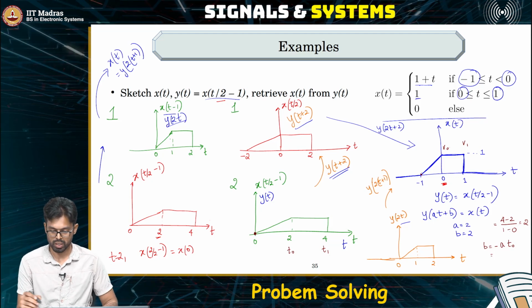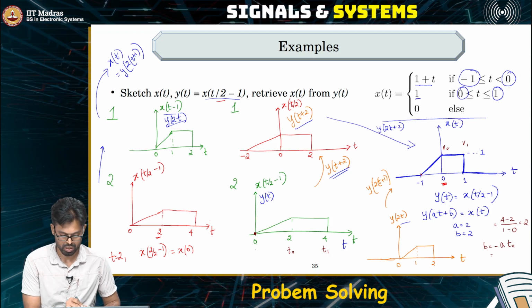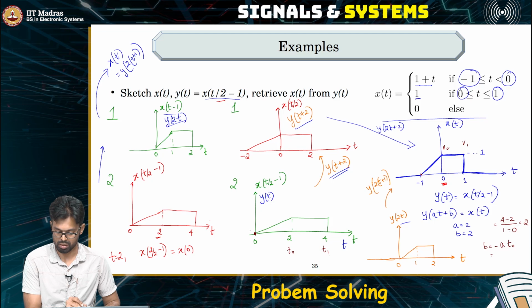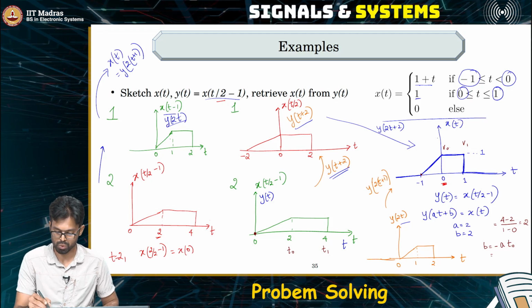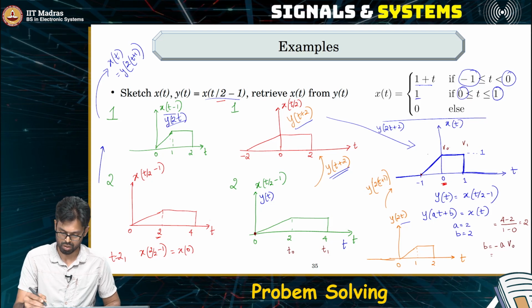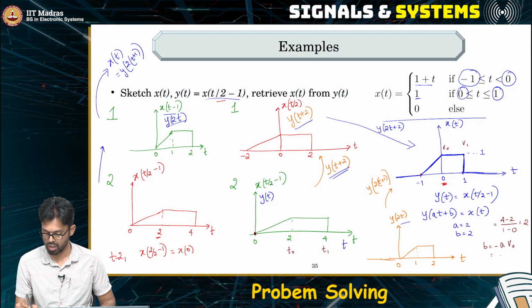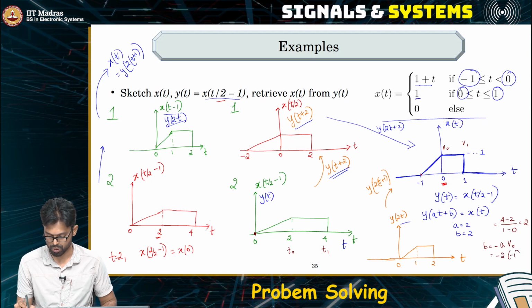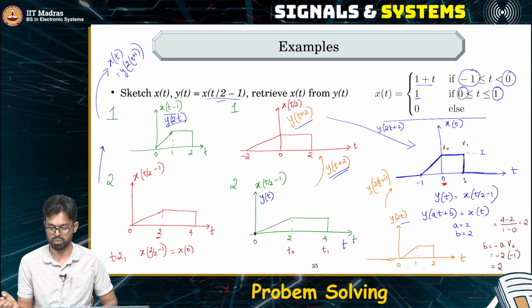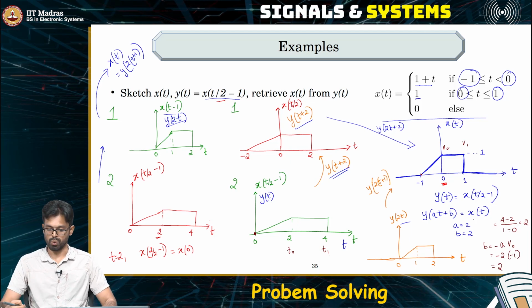In other words, the origin's location is at V0, which is minus 2 times minus 1, which is equal to 2. So that gives us A equal to 2, and B equal to whichever we were looking for.